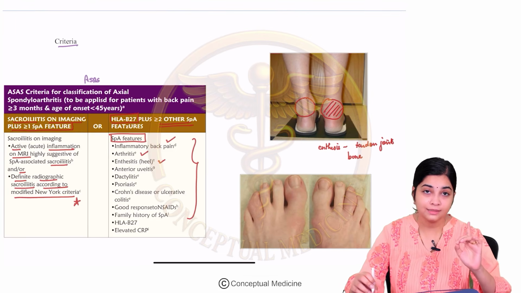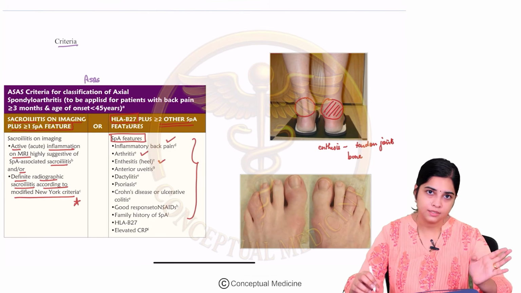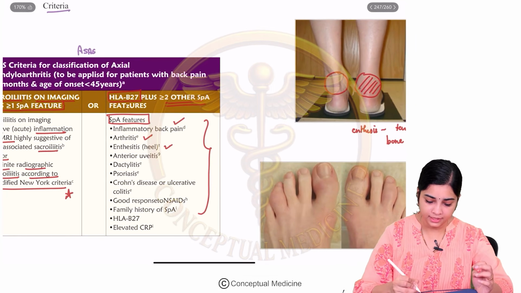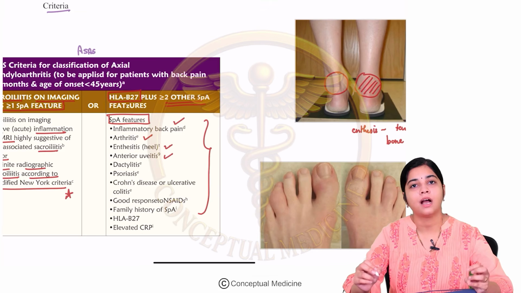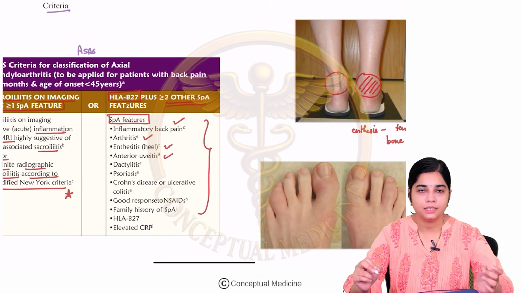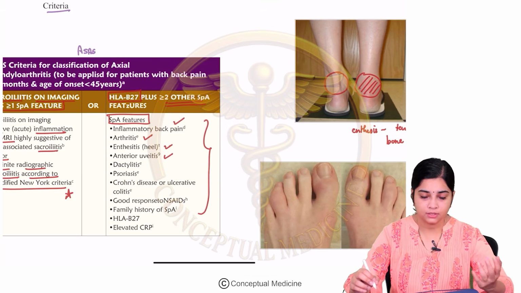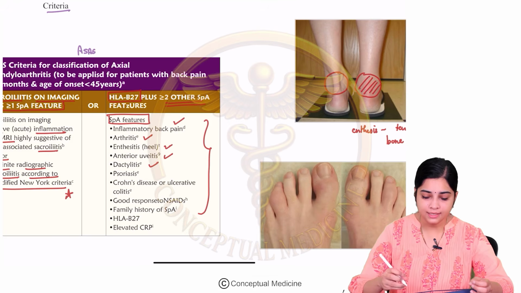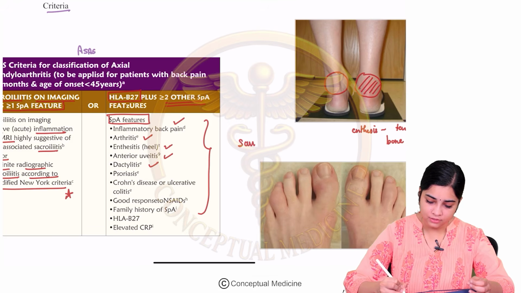So evidence of enthesitis, especially in the heel, is a spondyloarthropathy defining feature or a SpA feature. Then anterior uveitis, acute alternating anterior uveitis, which is asymmetric in nature, is also another important SpA feature. Then presence of dactylitis. Dactylitis is a sausage digit.